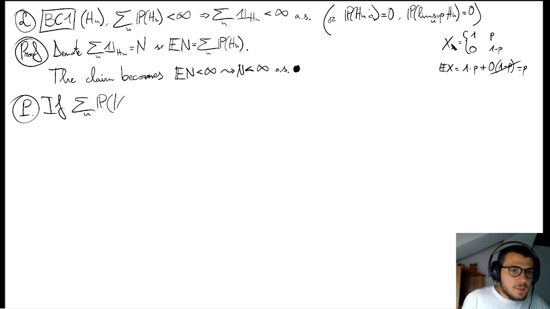If the sum of the probabilities of xn deviating from x by a value larger than epsilon is finite, then xn converges to x almost surely.